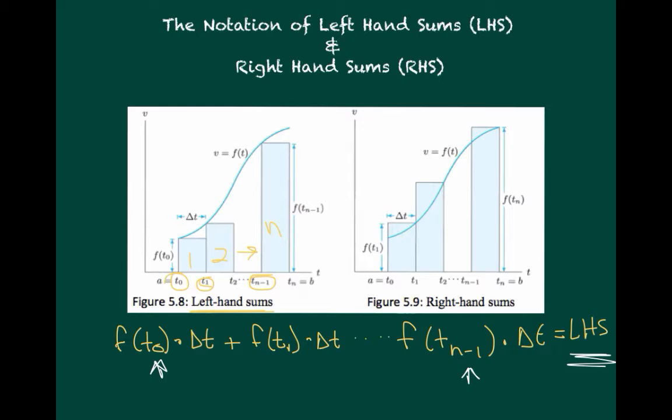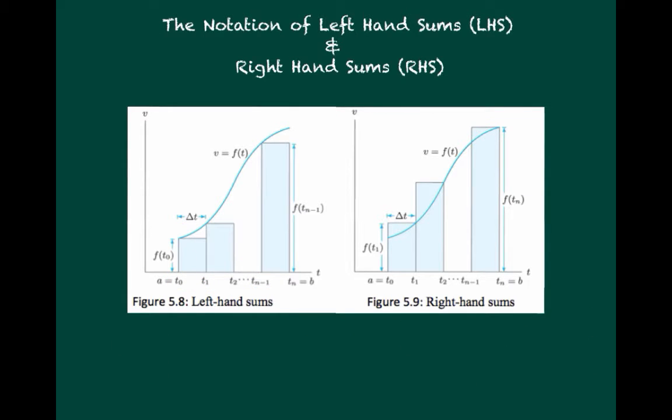Let's take a look at what the right-hand sum would look like. The right-hand sum is going to be calculated in a similar way. We will once again break up the total interval from t sub 0 all the way to t sub n into subintervals, but our height here is going to be not at t sub 0 but t sub 1.